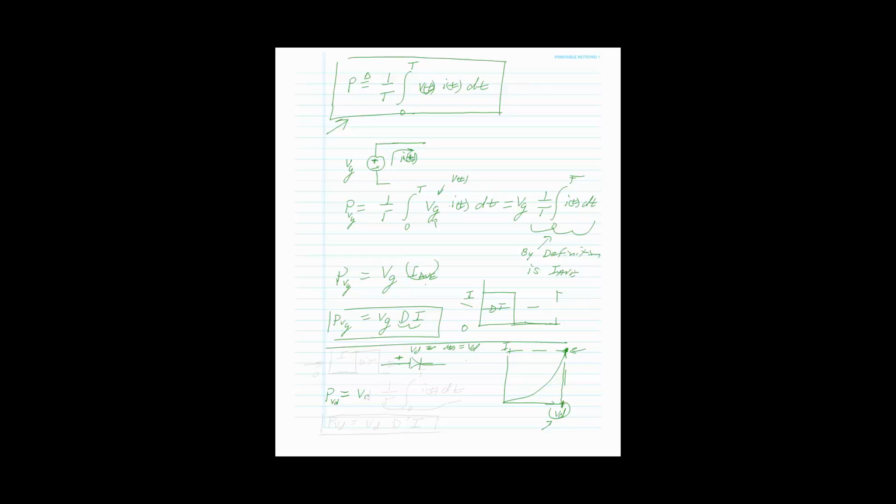I get VD times 1 over T, integral 0 to T of I of T dt. Whatever the waveform looks like, if it goes to 0 and only occurs during D prime T and goes to I, like we did many times, then this is again the average current. So that part of the power dissipated in the diode is VD times I average, and I average of this waveform is D prime times I.